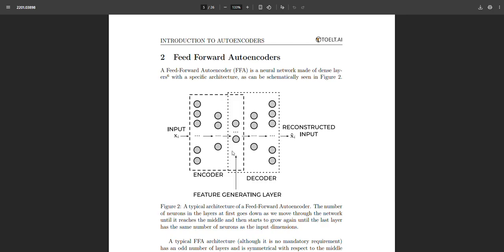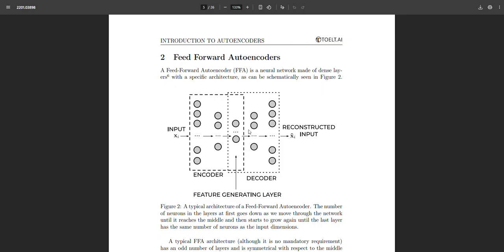A typical FFA has an odd number of layers and is symmetrical with respect to the central layer. Starting at the input layer, the number of neurons n1 is equal to n, the size of the input observation xi. As we move towards the center of the network, the number of neurons in each layer progressively drops. You can see that the middle layer is the smallest.